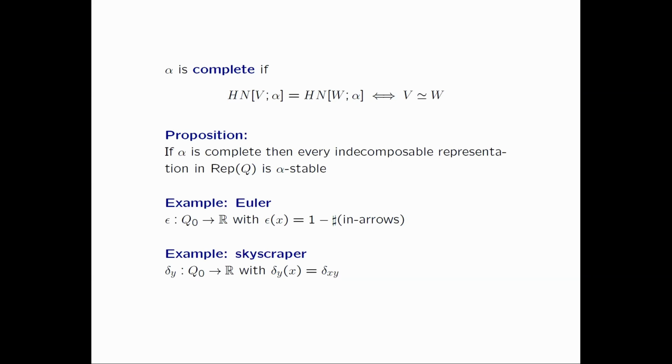And so the Euler charge here is simply defined as taking a vertex x and saying I take 1 minus the number of incoming edges. And with that charge, it's actually related to the Euler characteristic of the sheaf that you get.